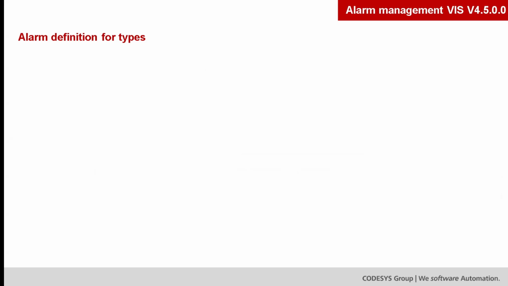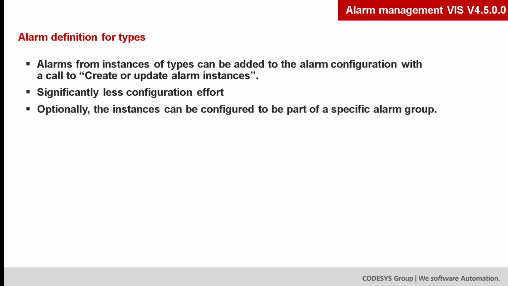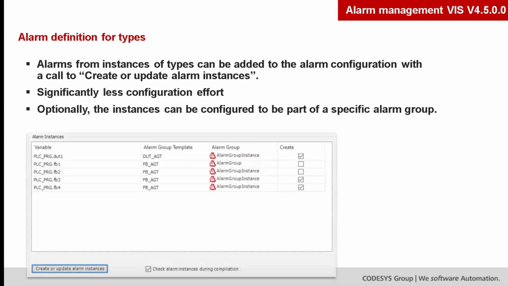And what is the benefit? The benefit is that alarms from instances of types can be added to the alarm configuration with only one call, create or update alarm instances. This reduces the configuration effort. Optionally, the instances can be configured to be part of a specific alarm group.